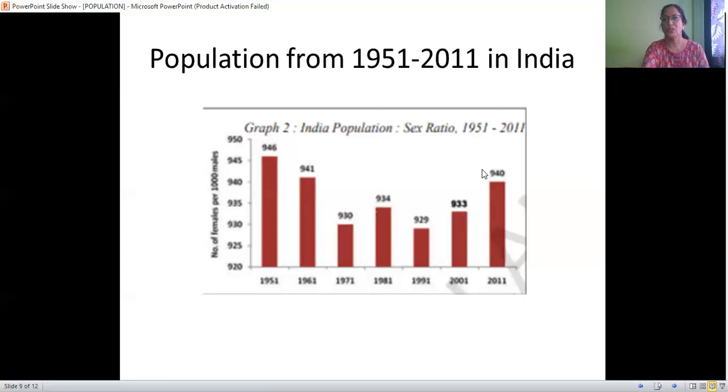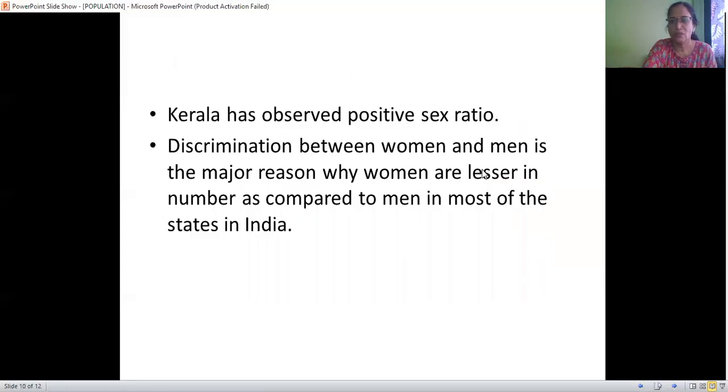So this is the discrimination between men and women. Now in this figure, you will find that right from the year 1951 to 2011, the number of women is less. What is the reason? There is a lot of discrimination, that is, women are always considered inferior to the men.